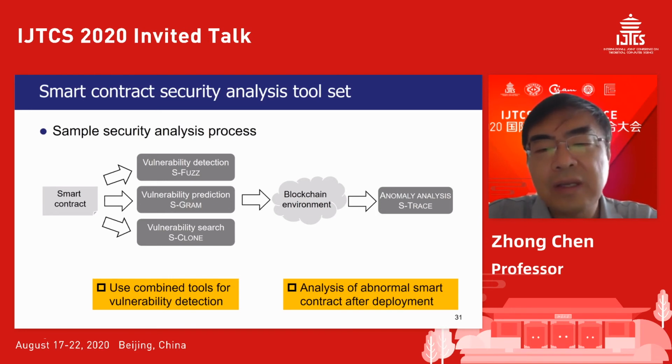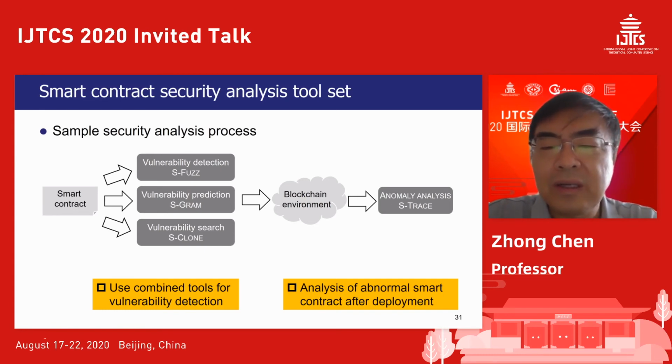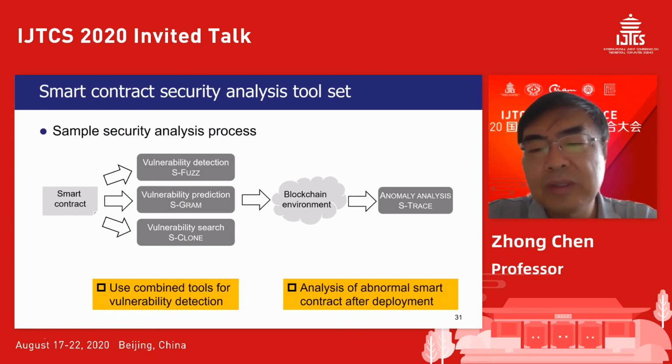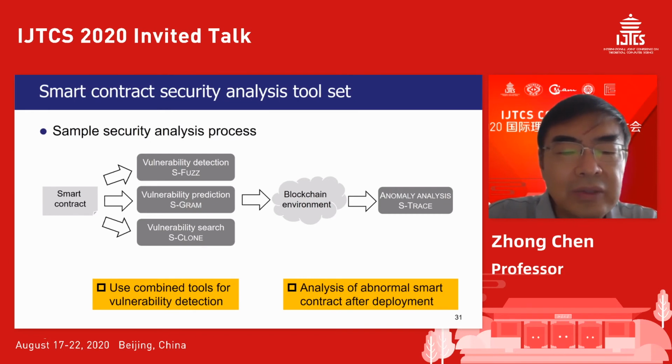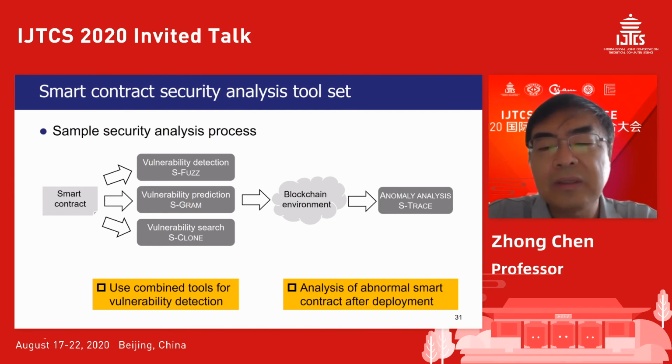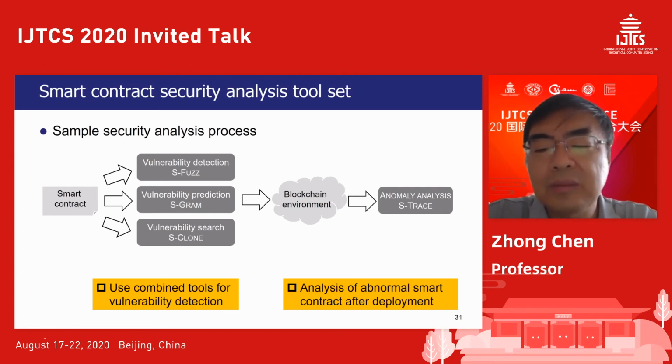After that, it goes through the blockchain runtime environment through symbolic execution, and we can do the anomaly analysis through the S-trace. So you can use the combined tools for vulnerability detection, and also to analyze abnormal smart contracts after deployment.